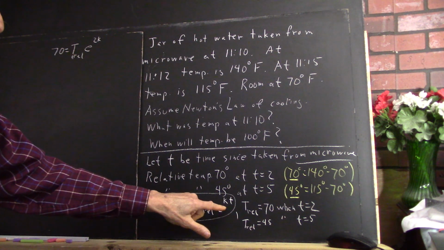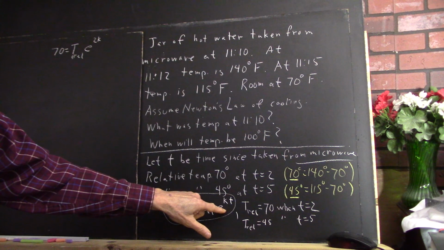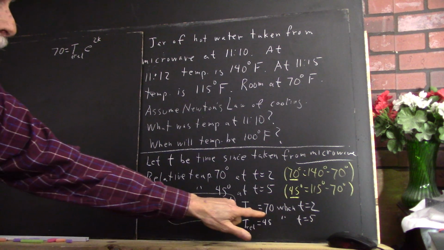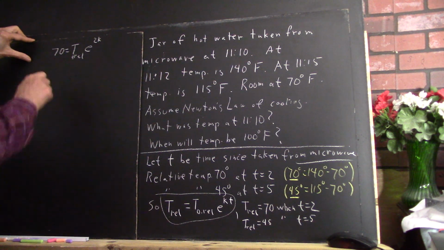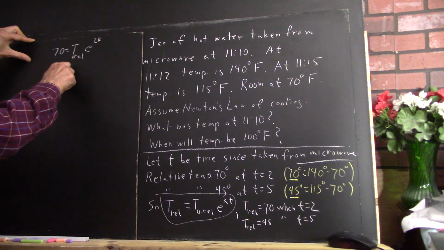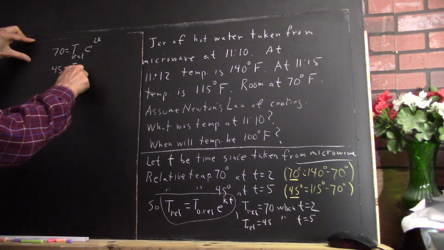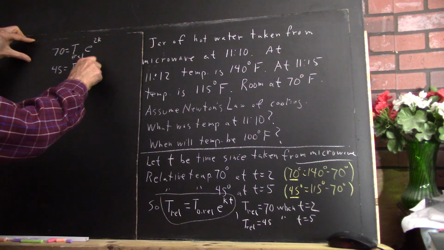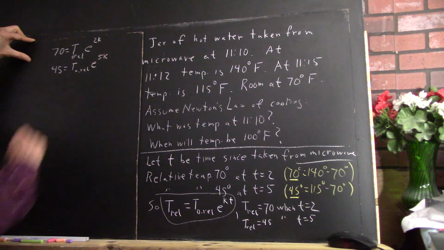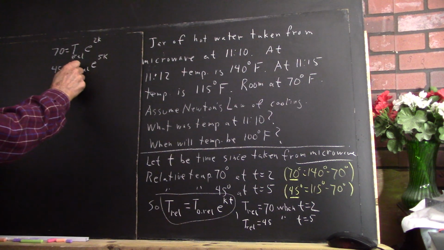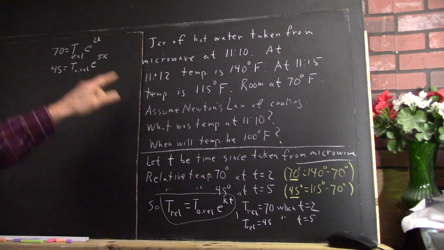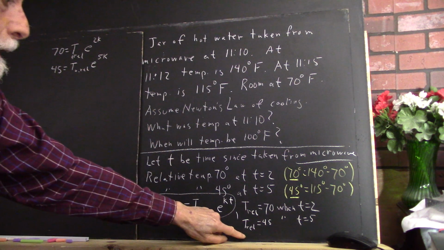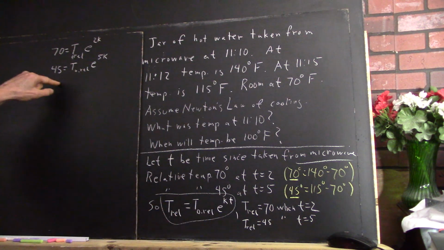Because again, if t is equal to 2, you get 2k, and t rel is 70. And also, when t is 5, you get 5k here, and t rel is 45, so you have 45 here.